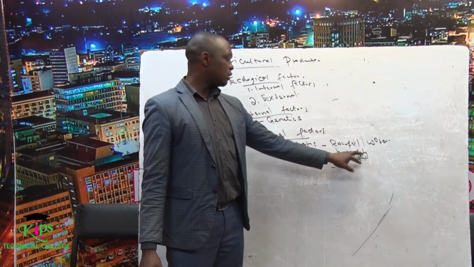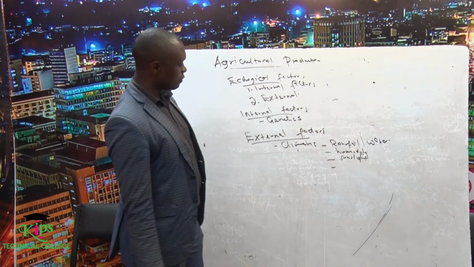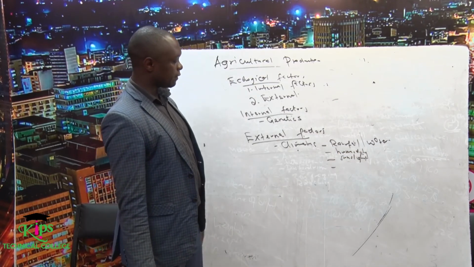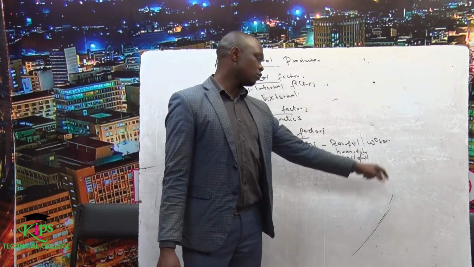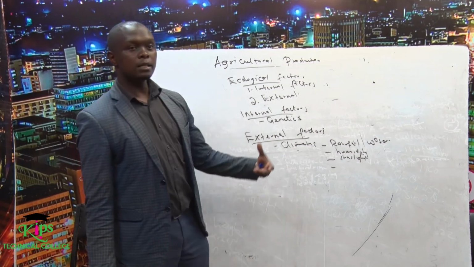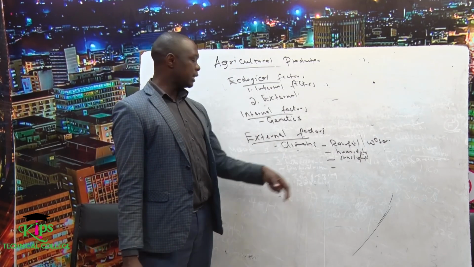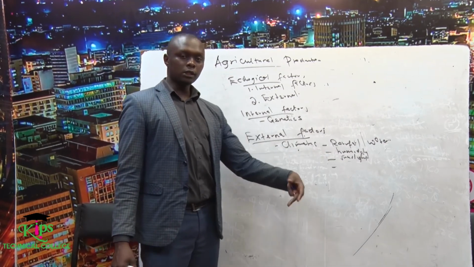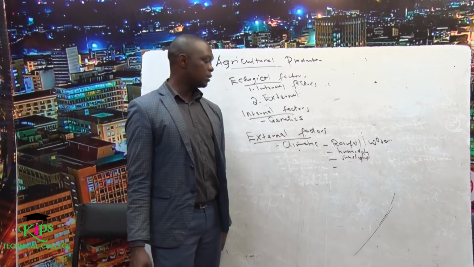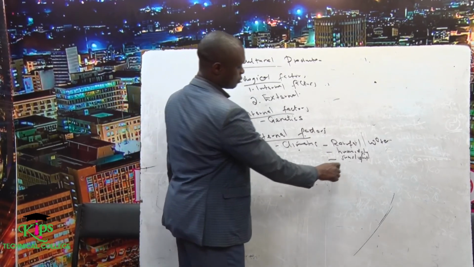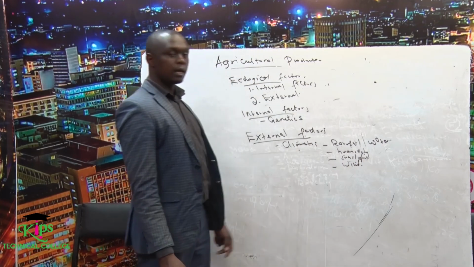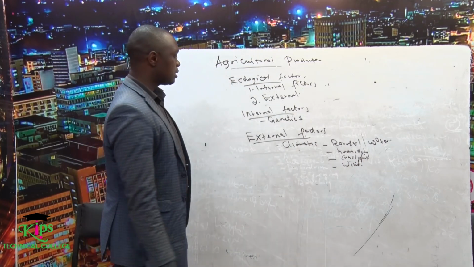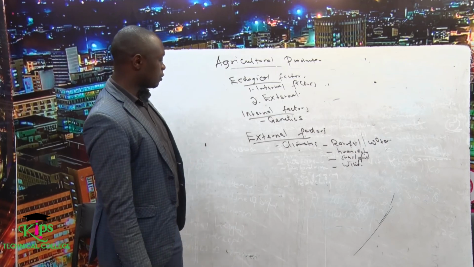Then we have humidity, the amount of water vapor in the atmosphere affecting the growth of the crop. And then also we have sunlight affecting the growth of crops. It's very important because it is a source of light, which is very important for photosynthesis and will help the plant to grow. And also we have wind, very important for pollination, affecting the growth of crops.